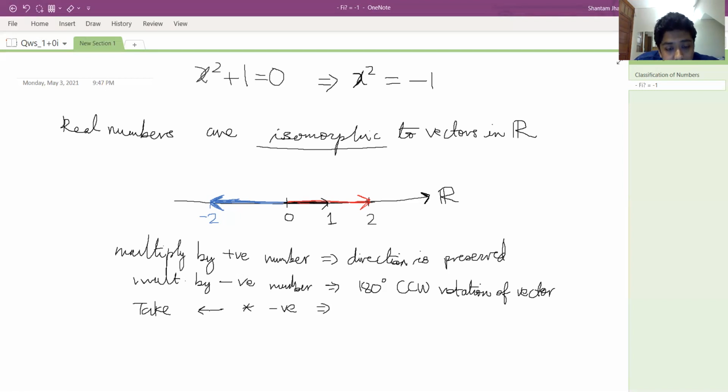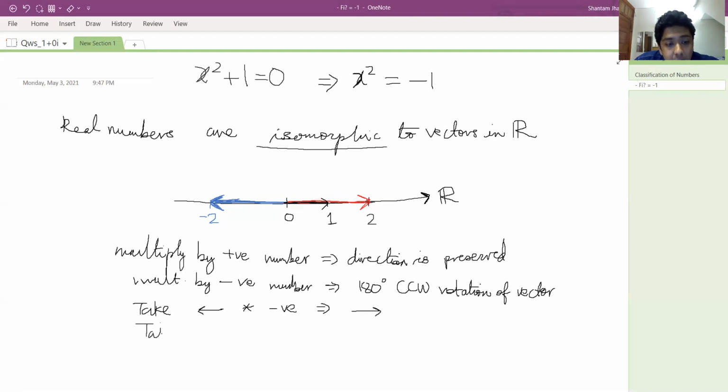If I multiply that negative number by itself, I get a positive number. Why? Because multiplying by a negative number requires me to do a 180-degree counterclockwise rotation of the vector, in other words, change the direction of the vector, so I will always get a positive number.